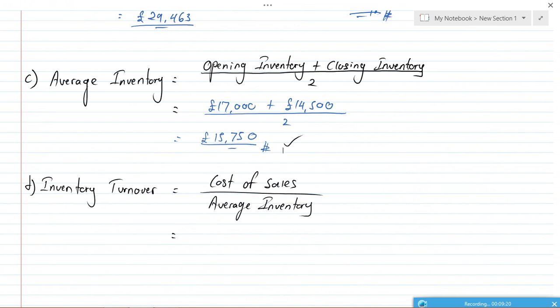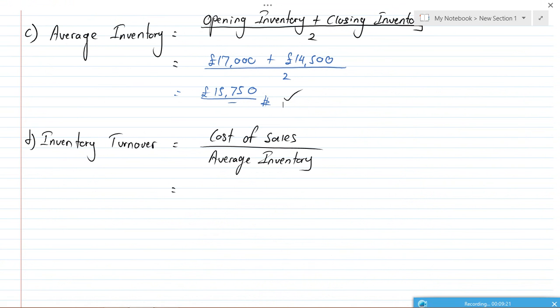So how do we find cost of sales? What is the original formula of cost of sales?